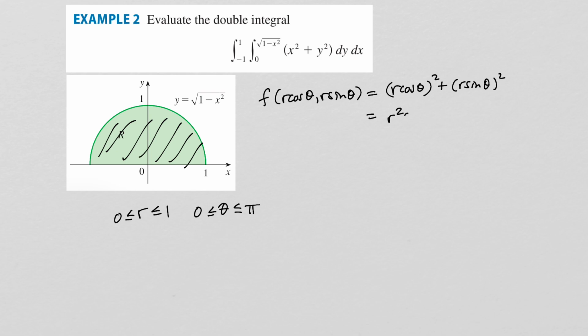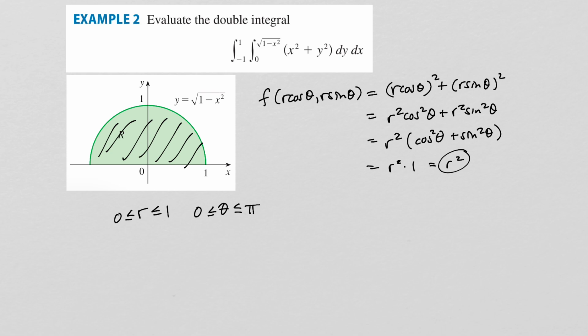And this is r squared cosine squared plus r squared sine squared. And factoring out the r squared, we're left with cosine squared plus sine squared. But cosine squared plus sine squared is equal to 1. And so f of r cosine theta, r sine theta is just r squared.